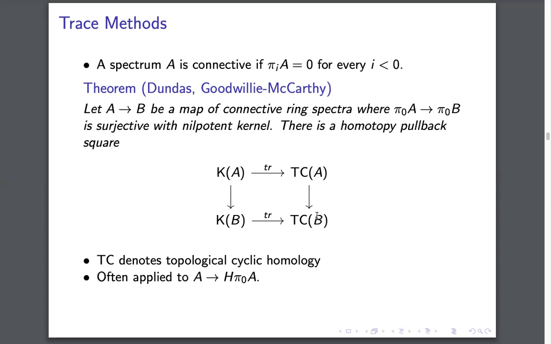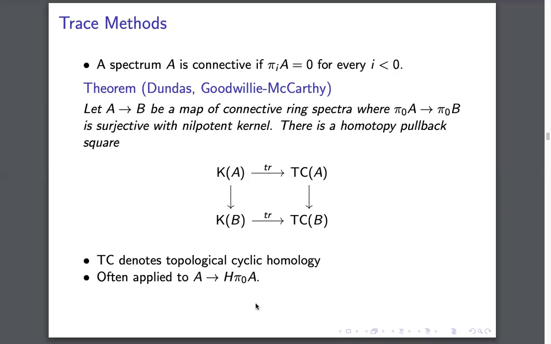So you often apply this to the case where you start with a connective ring spectrum, and you apply the zero Postnikov section functor, right? This is the same as in classical homotopy theory, where you kill all the homotopy above degree 0, right?